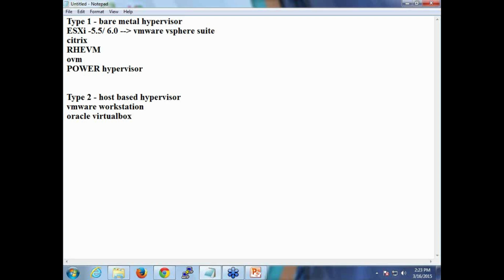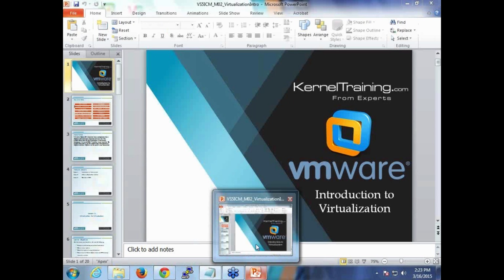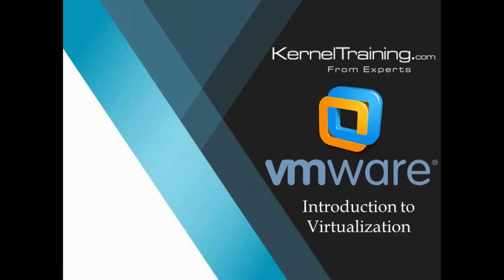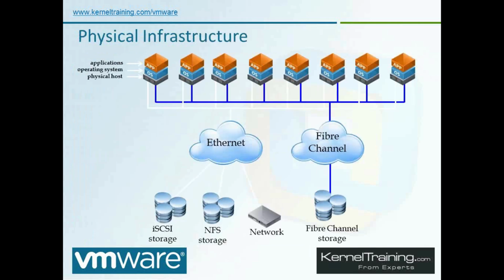Now, to support my words, let us talk about the same thing in the form of a slide. Let's talk about the introduction to virtualization. As you can see, this is my normal physical infrastructure, with multiple physical machines running.